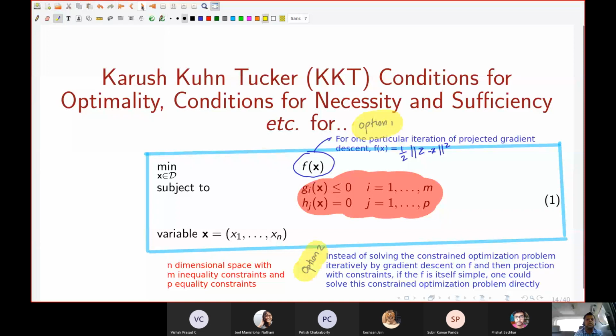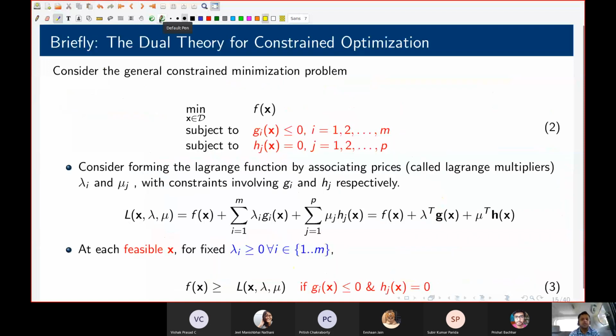Okay, so let's write down the so-called dual theory. Given f(x) and these constraints, you can now form the Lagrange function, whose motivation I provided through that simple figure. If you are inside the region, f is good enough.